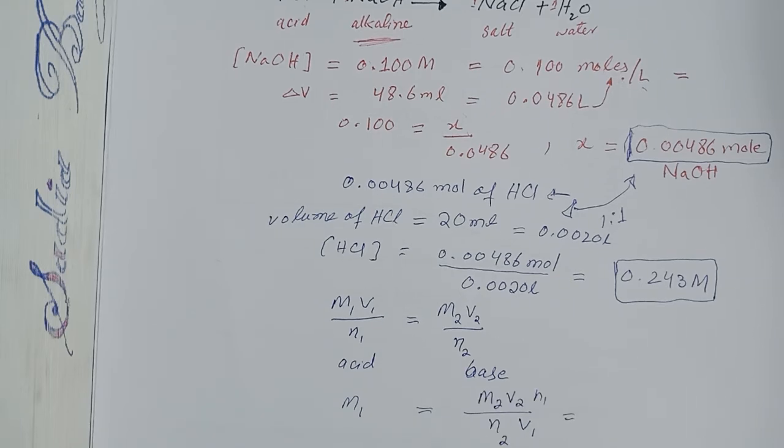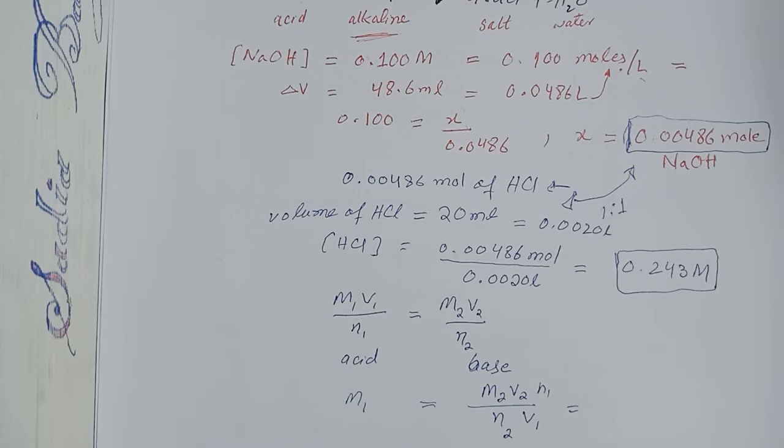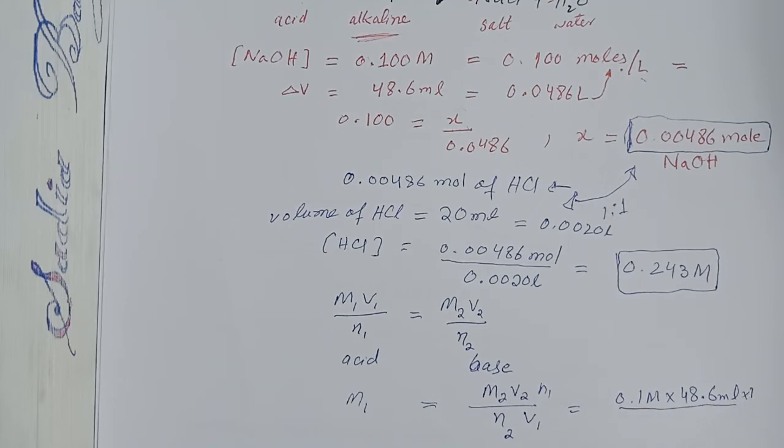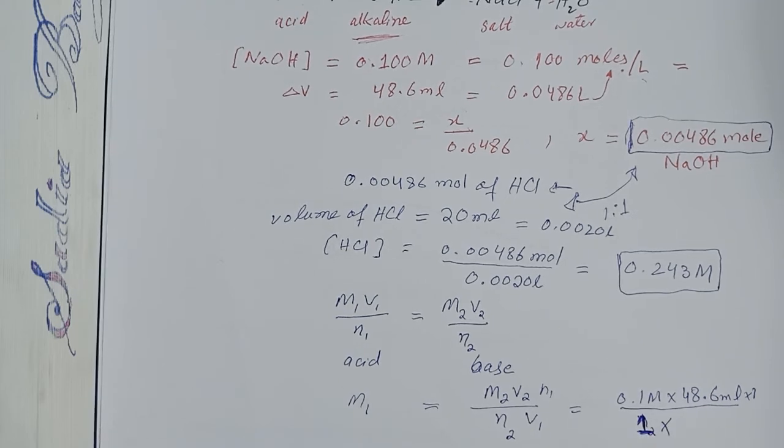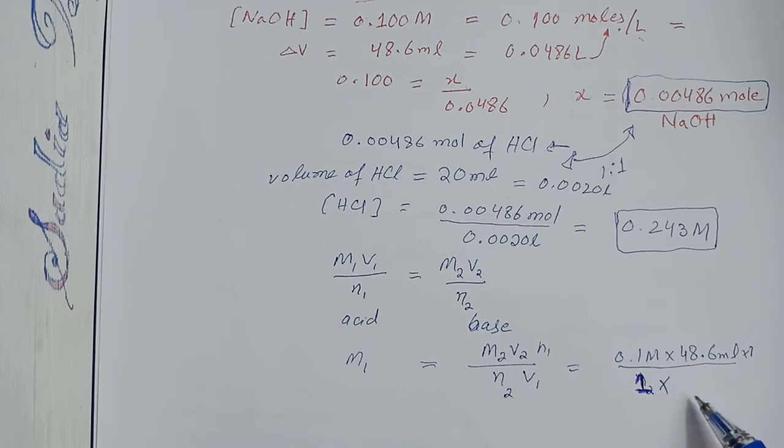So we have used the standard sodium hydroxide solution having a molarity of 0.1 molar. The volume of the sodium hydroxide that has been used was 48.6 ml, and the number of moles is 1, whereas the number of moles of the base was denoted as N2, so it is 1, into the volume of the acid that we started with, which is 20 ml.